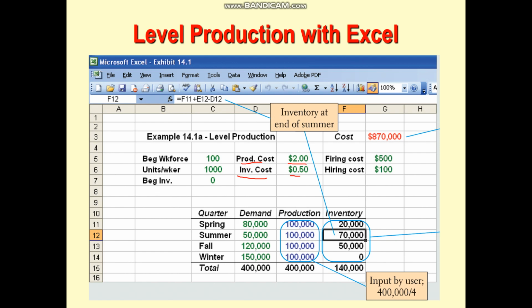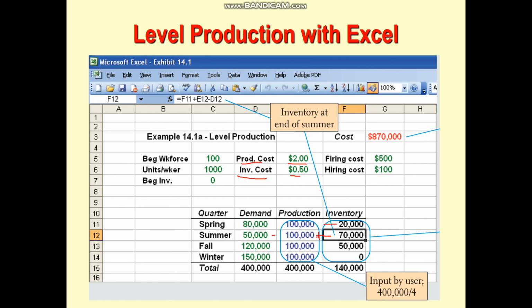And then how can you calculate the inventory? The inventory will equal the initial inventory plus the production minus the demand. For example, here the initial inventory is 20,000, that is F11, plus the production in the second period, that is E12, and minus the demand in the second period.